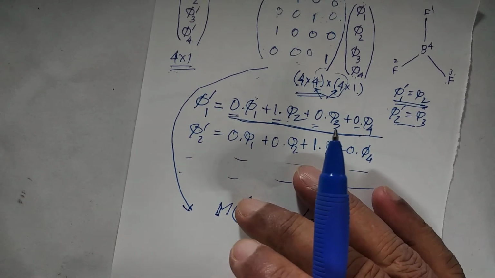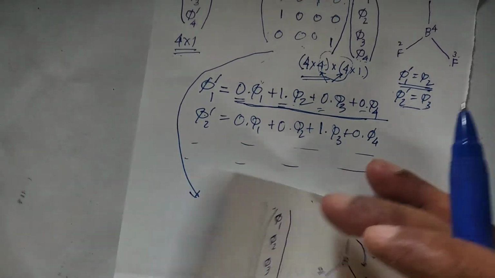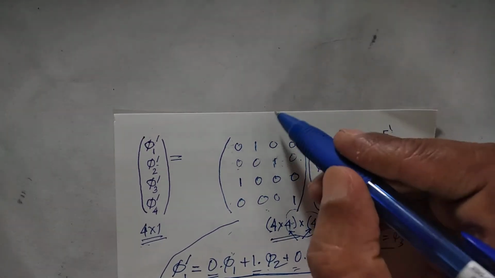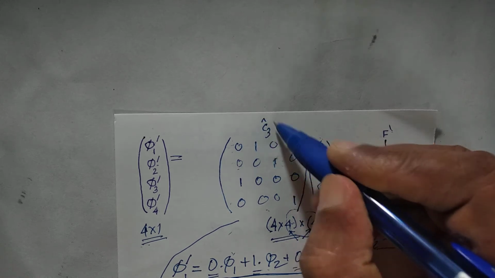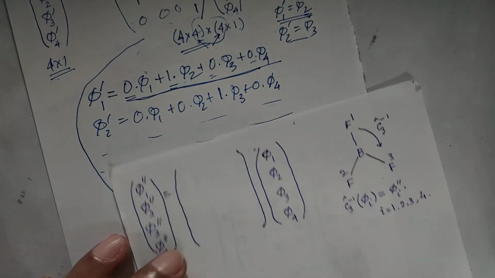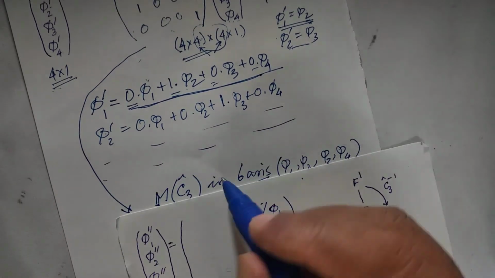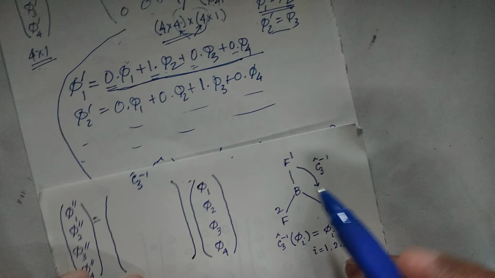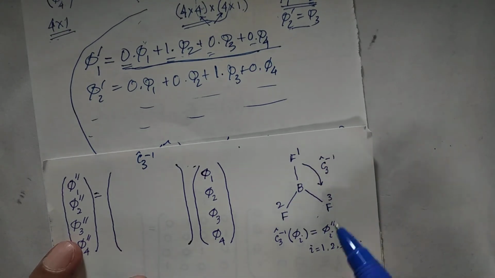In the same analogous manner, we can construct a matrix for the inverse operator. This is the matrix for the C3 operator, and we can construct a matrix for the C3 inverse operator. I have redrawn the diagram here.